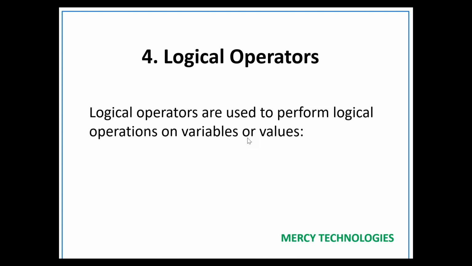Next operator is logical operator. What is meant by logical operator? Logical operator means it will check both the values or variables on some logical conditions. Logical operators are used to perform some logical operations either on variables or values. Okay.